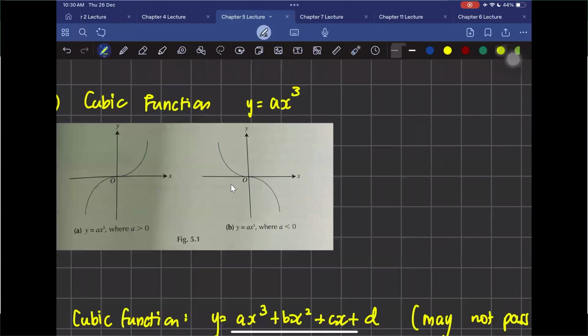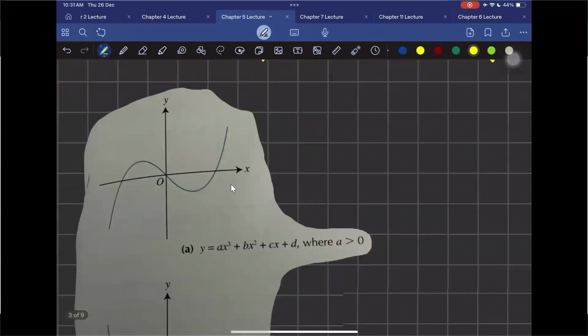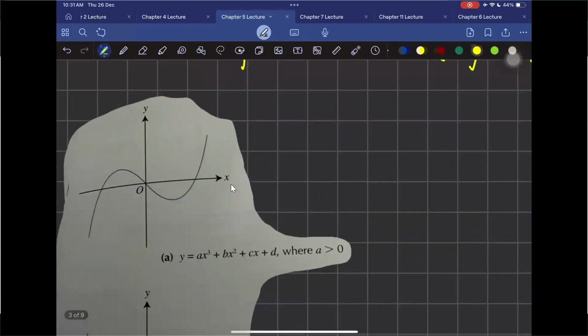If y equals 0, then you will get ax cubed equals 0. If you solve this, you'll get x equals 0, which is why the only x-intercept is the origin. But in this case, since this passes through the origin, d equals 0.